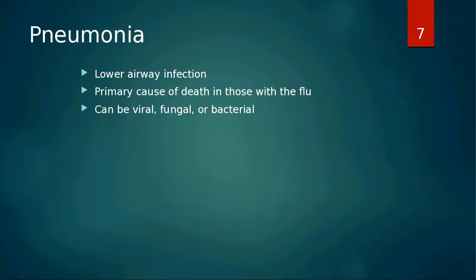Now, moving on to pneumonia. So pneumonia is a lower airway infection. About 4 million people a year in the United States will get pneumonia. About 15% of those people are going to be put in the hospital.